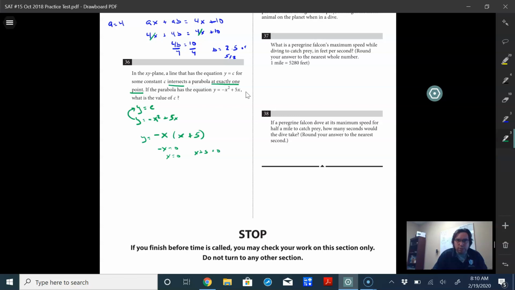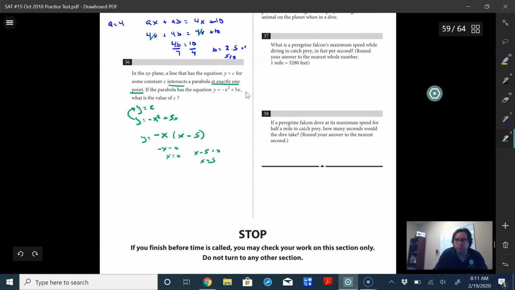Actually, sorry, because I'm pulling out a negative, that should be a negative 5 there. That will make that x minus 5, and so x then equals 5.